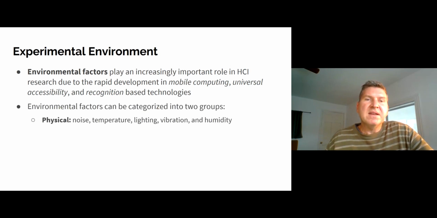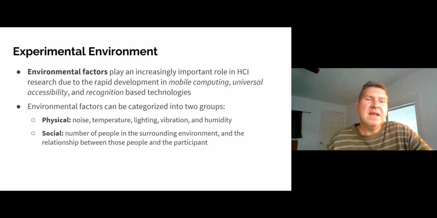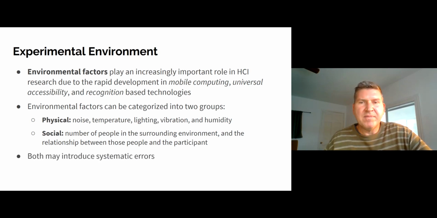So they can be categorized into two groups. There's physical: noise, temperature, lighting, vibration, and humidity. And then there's social, like how many people are in the environment and the relationship between those people and the participant. So these can introduce systematic errors as well.